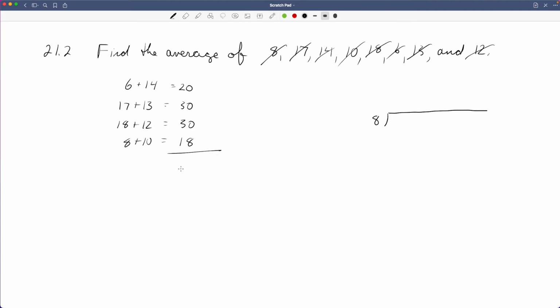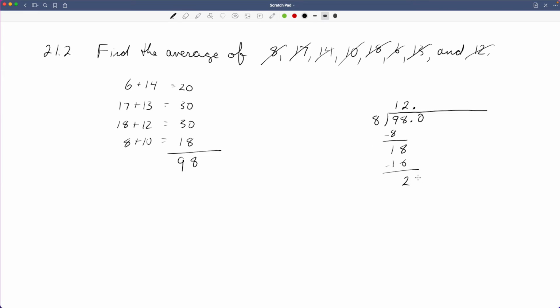Now I'm just going to add these together. That's 8, that's 6, 7, 8, 9, 98. So 8 goes into 98 how many times? So it's 1. 8 goes into 18 2 times. Let's put the decimal and a 0. 2 times 8 is 16.